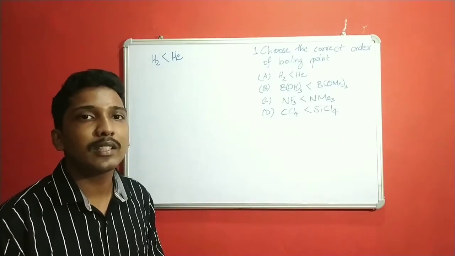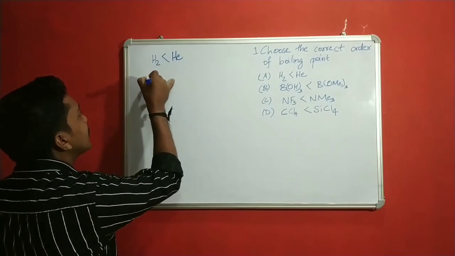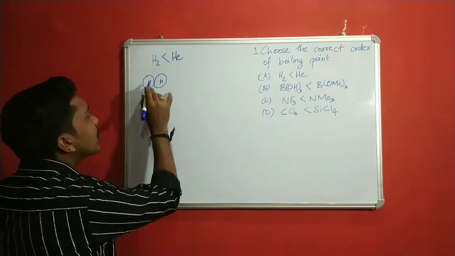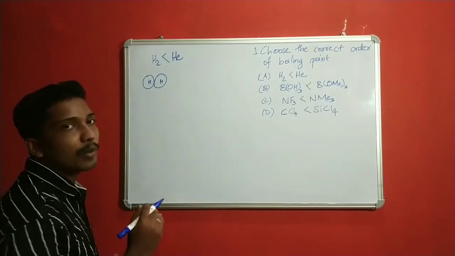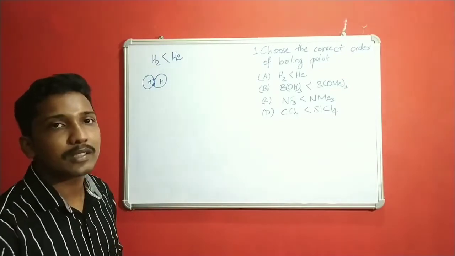So, what is instantaneous dipole moment? Take the example of hydrogen. This hydrogen molecule is formed by sharing two electrons between these two hydrogen atoms.